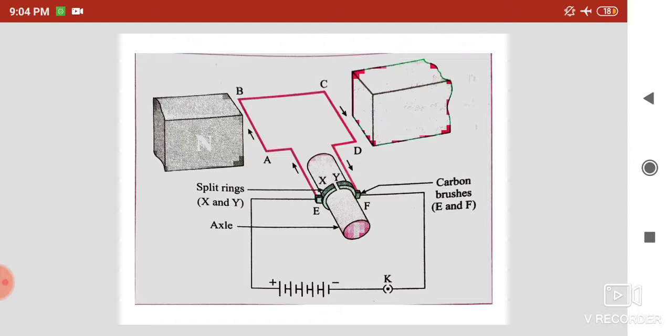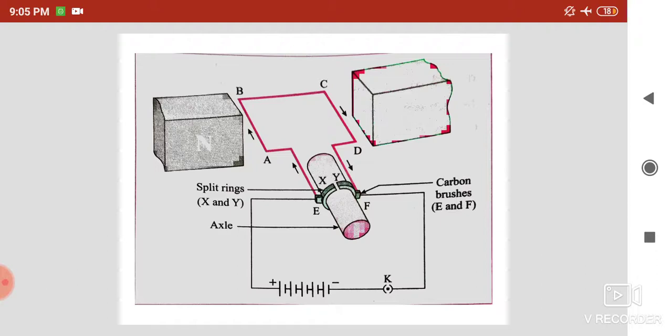Therefore, the loop and the axle continue to rotate in the anti-clockwise direction. After every half rotation, the current in the loop is reversed and the loop and the axle continue to rotate in the anti-clockwise direction. When the current is switched off, the loop stops rotating after some time.